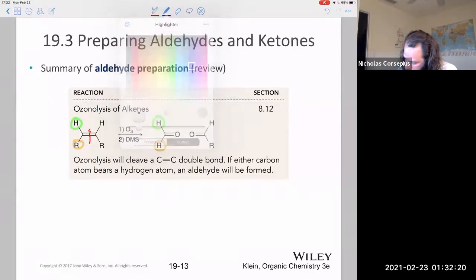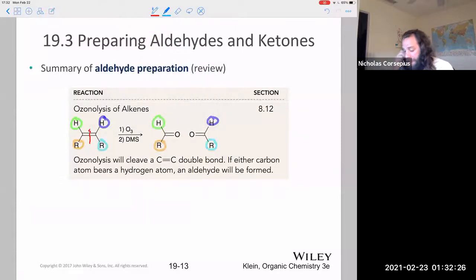This would be the other half. If your real goal is to prepare an aldehyde, you probably want to use a symmetric one, right? If the orange R and the blue R are different groups, I'm going to have to figure out how to separate those compounds in the mixture after I do my ozonolysis. So if your goal was to prepare aldehydes, you'd probably want to start out with a symmetric one.